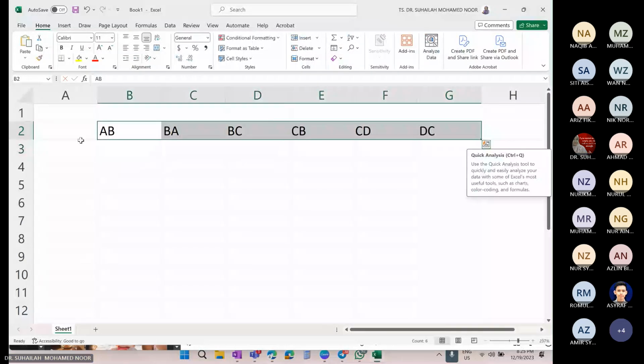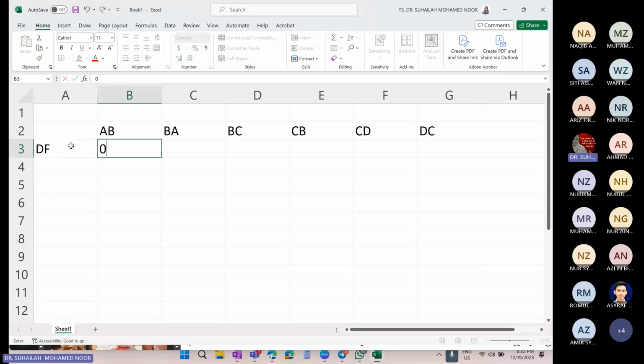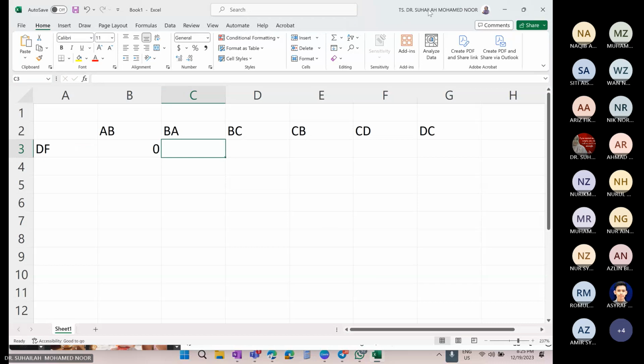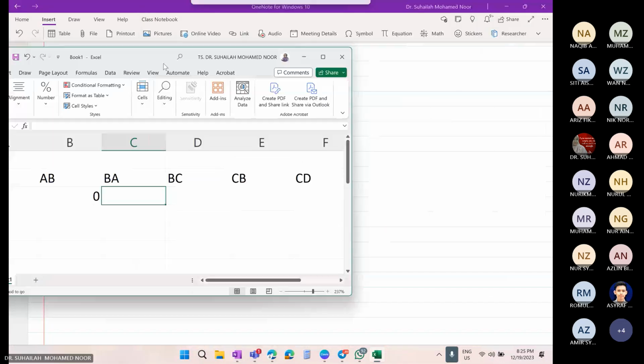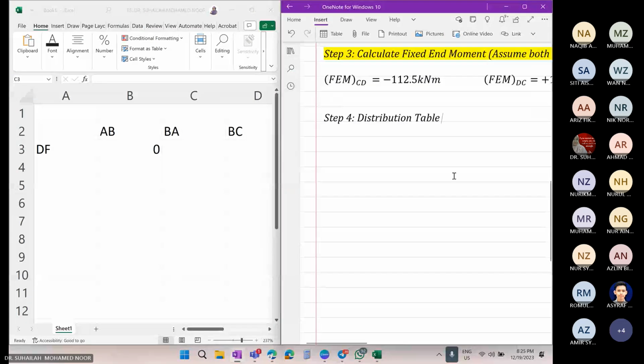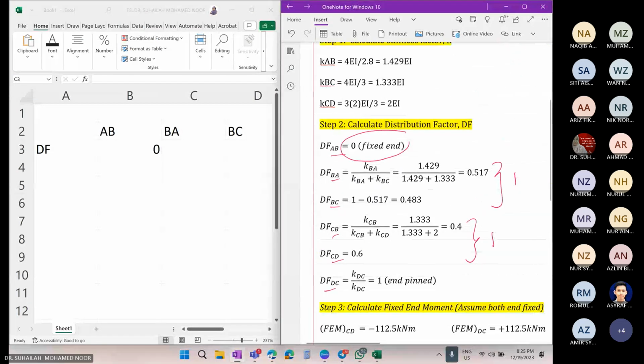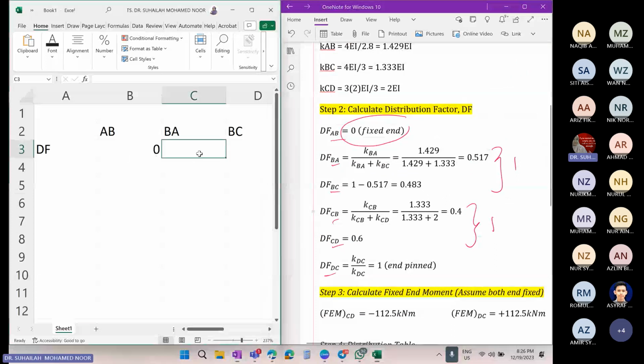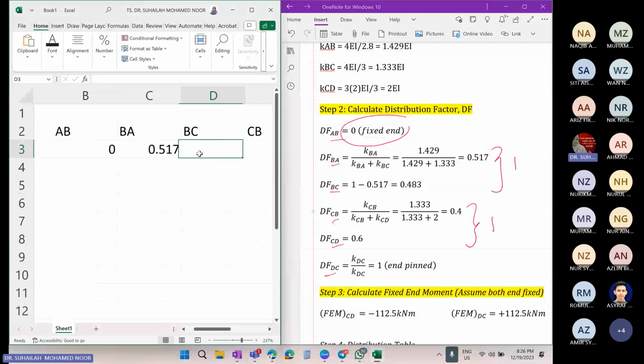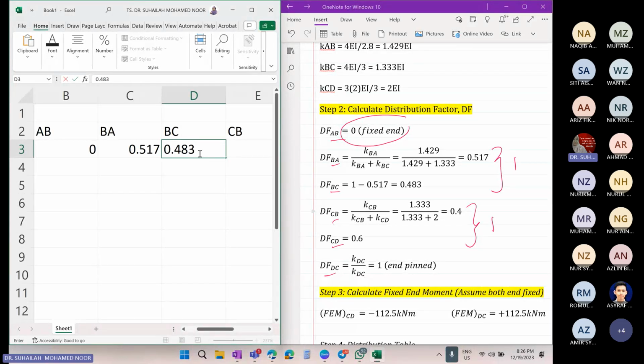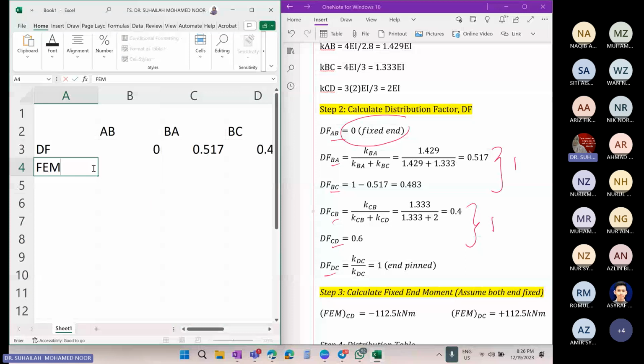The DF is 0 here, 0, 0.517, and 0.483, and then 0.4, and then 0.6, and then 1. That's for the distribution factor. And then FEM, fixed end moment.